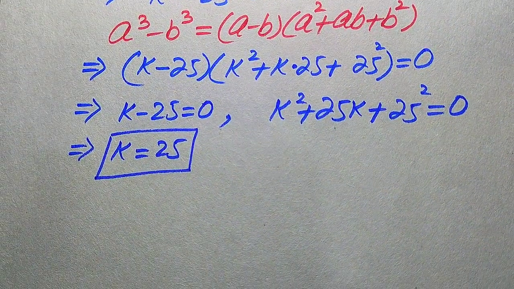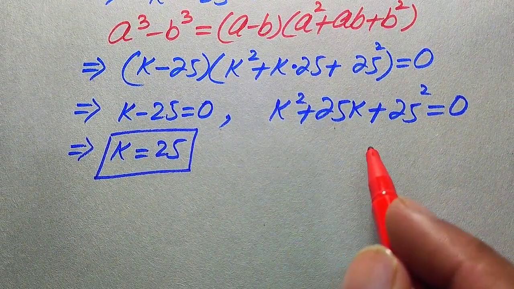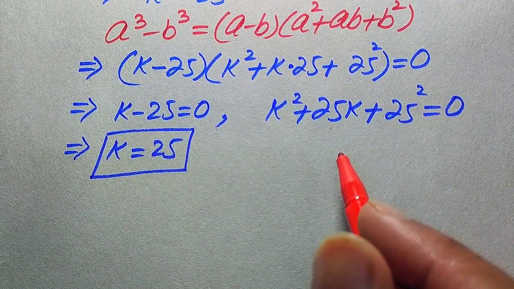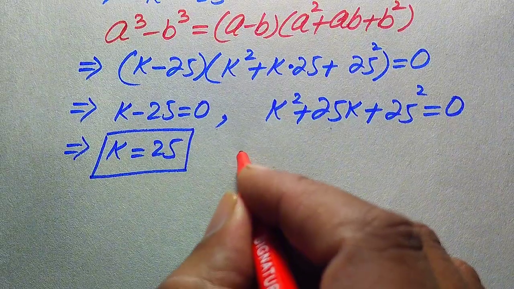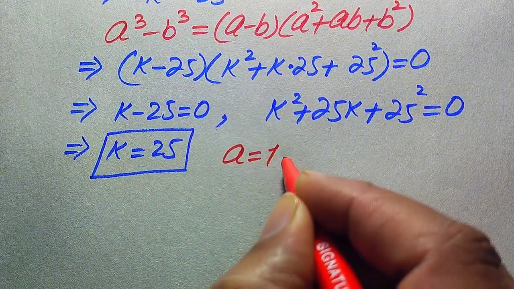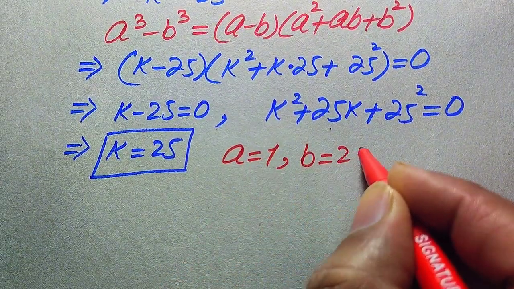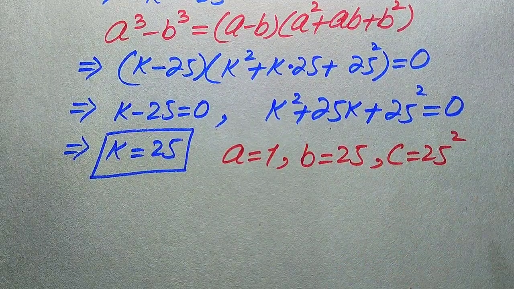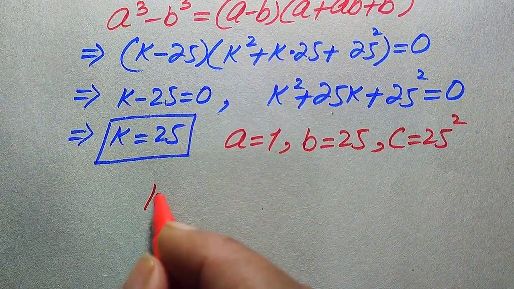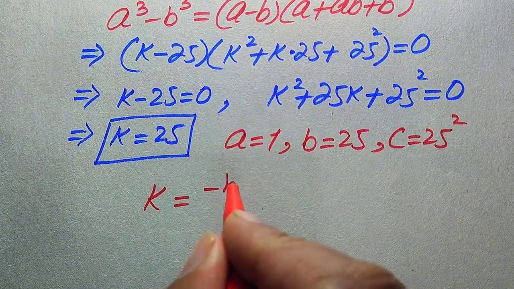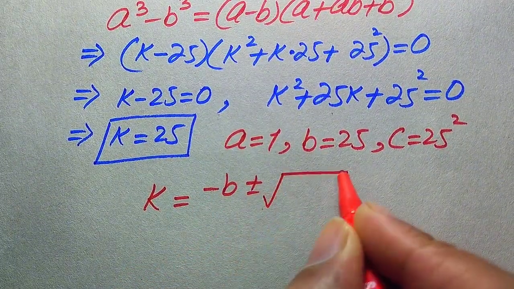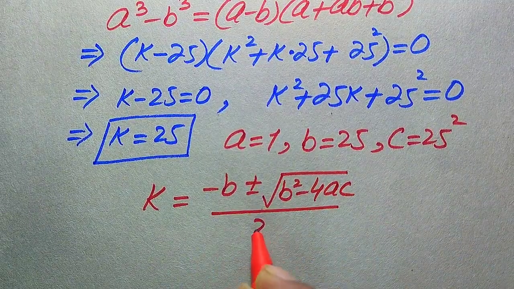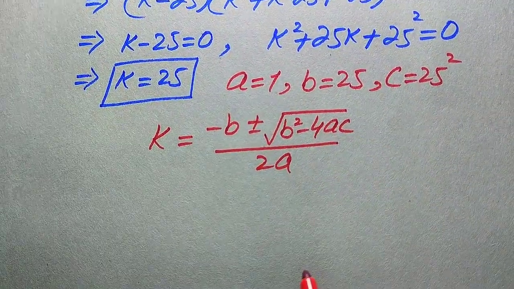And now here, in order to find the other roots, we need to solve this quadratic equation. So in order to solve this quadratic equation, we use the quadratic formula, and first we write the coefficients of this equation, and its coefficients are a equals 1, b equals 25, and c equals 25 square. And we state the quadratic formula as k equals minus b plus minus square root of b square minus 4 times ac divided by 2 times a.